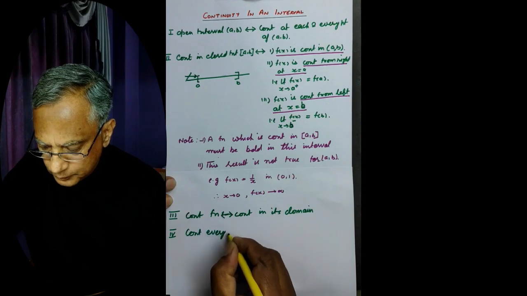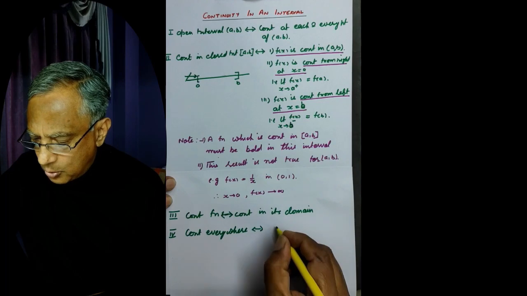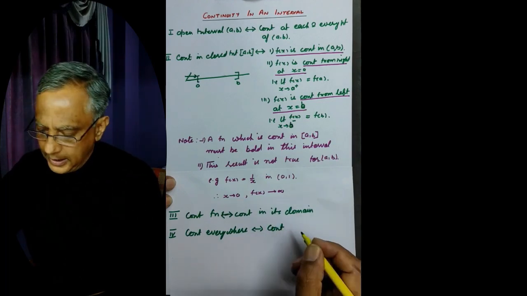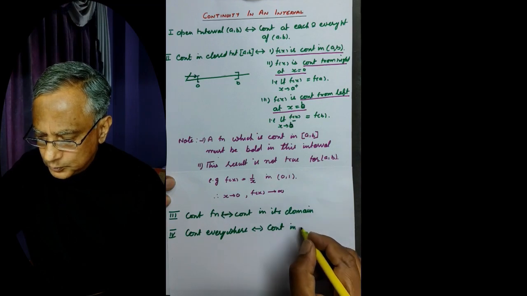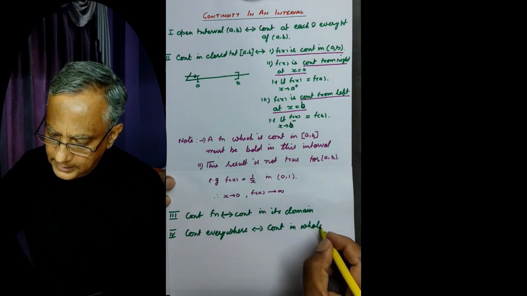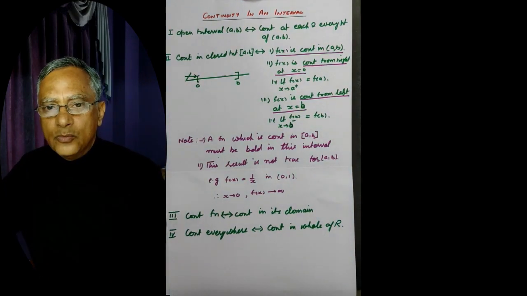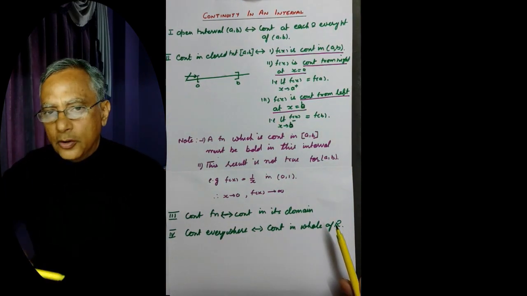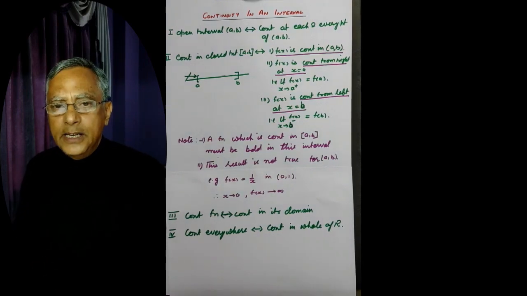If it is continuous throughout the real line, continuous in whole of the real line, continuous for every real number, then we say that it is continuous everywhere.